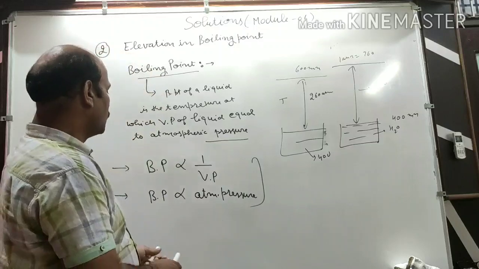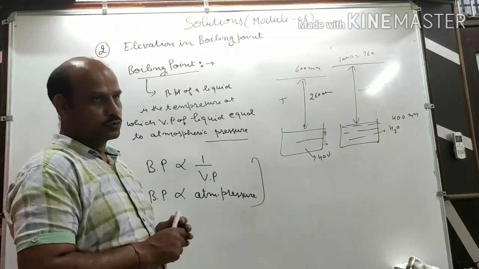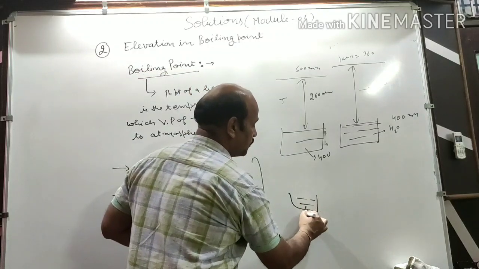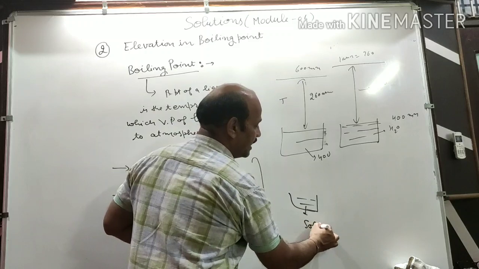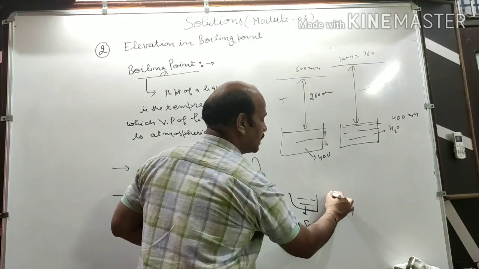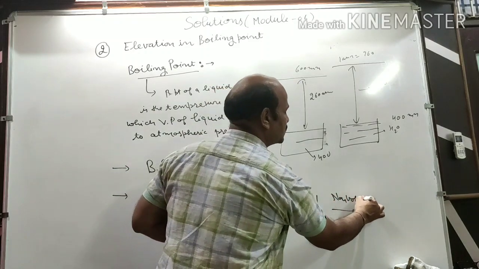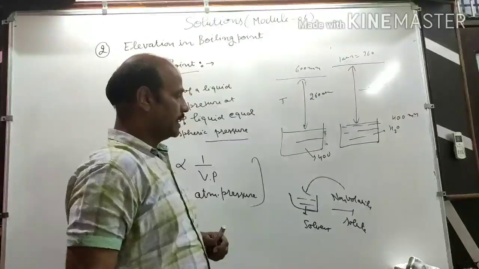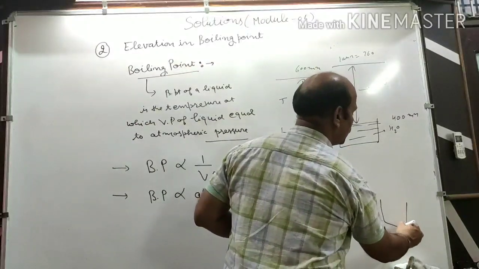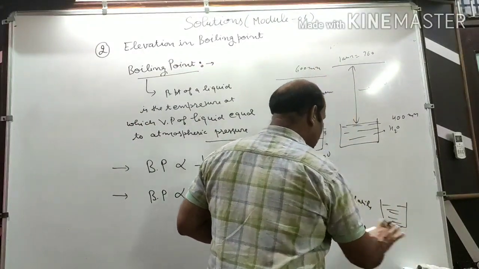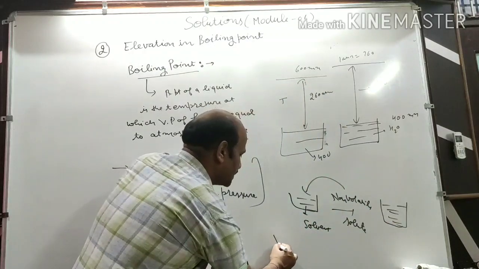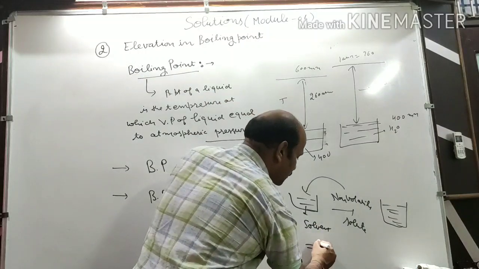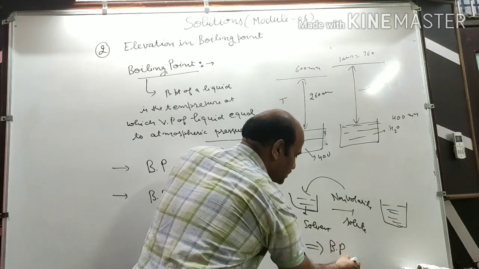Now in addition of non-volatile solute into this solvent, solution will be formed. Doing like this, vapor pressure decreases, but boiling point goes on increase.